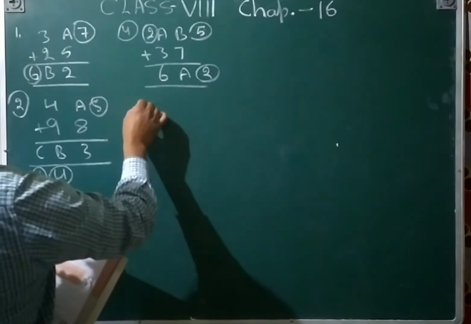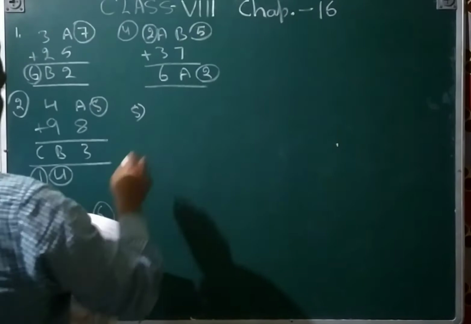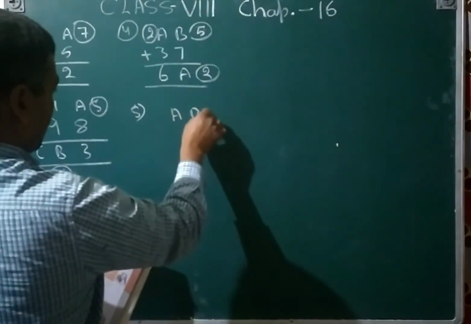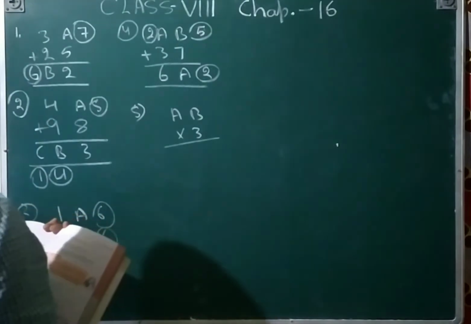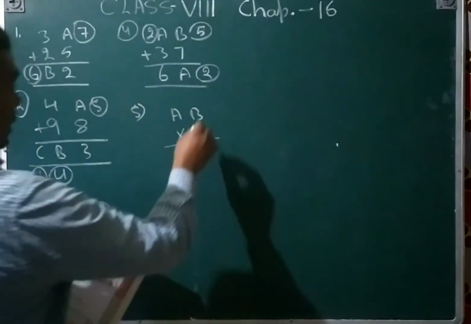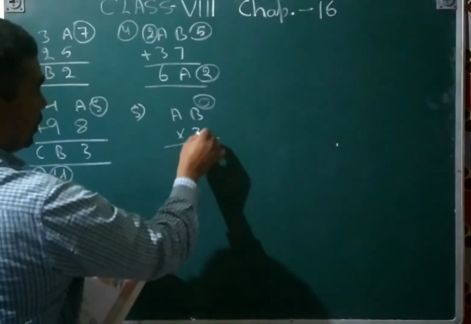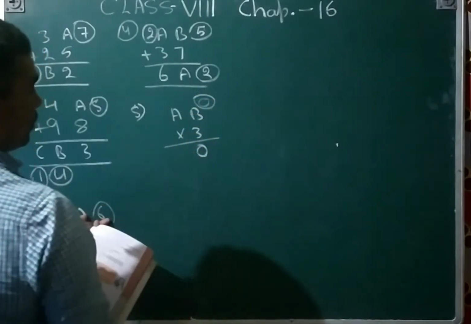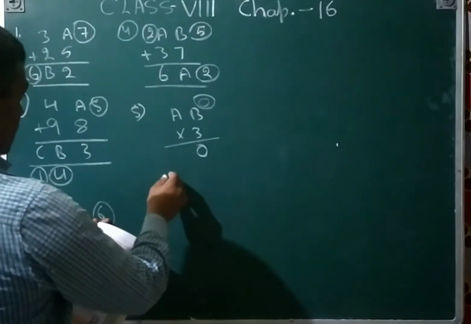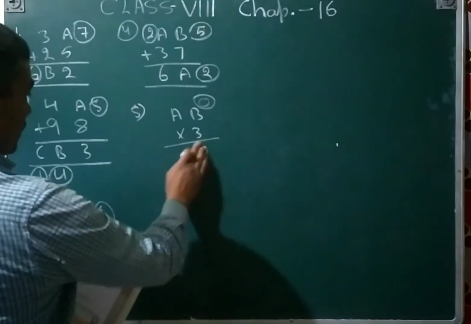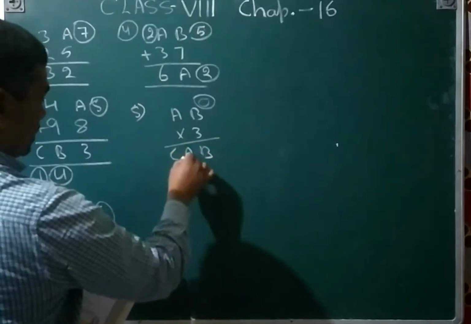Question number 5: AB multiplied by 3. We will take the value of B as 0. 3 zeros are 0. 3 zeros are 0, and just as given, BAC.